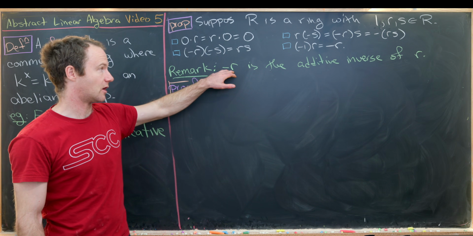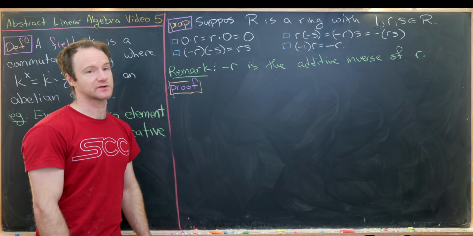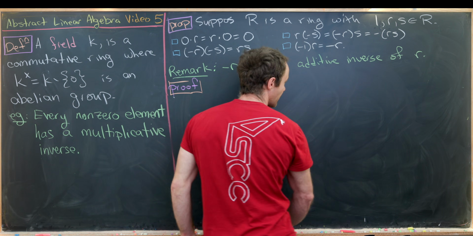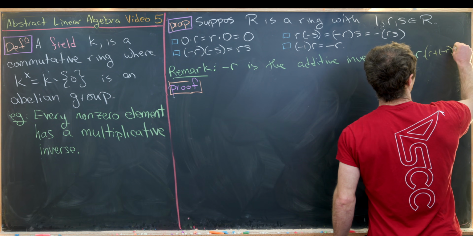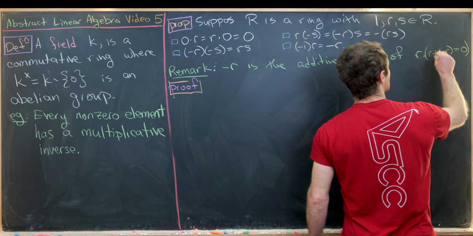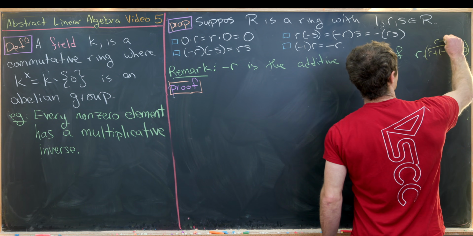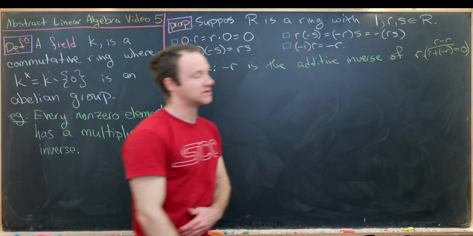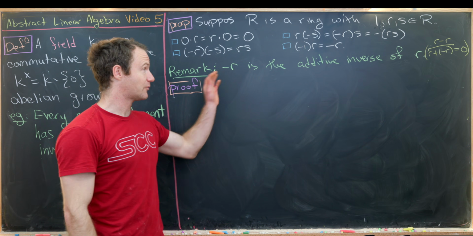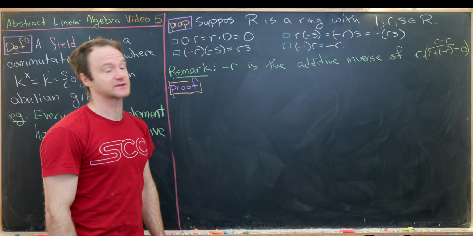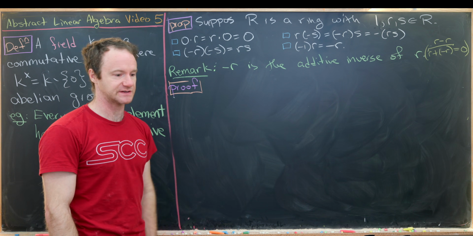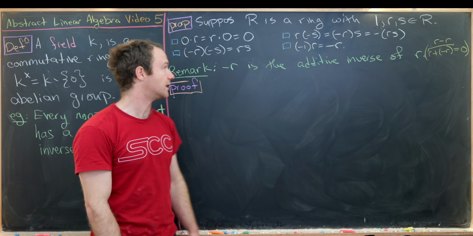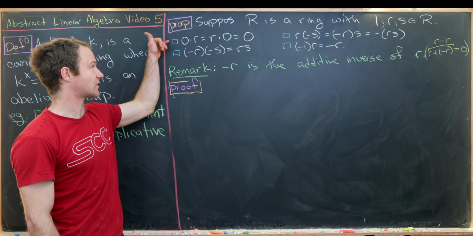By negative R, I mean the additive inverse of R. So in other words, we have R plus negative R is equal to 0. But we often read that as R minus R, just kind of FYI. And I point that out because some of these deal with the subtle difference between additive inverses and multiplying by -1.